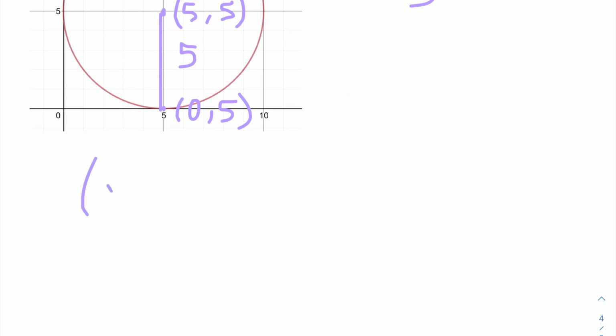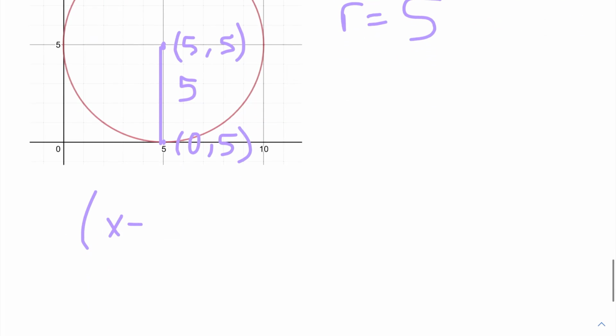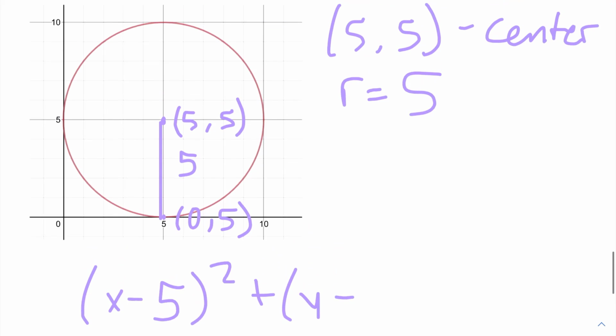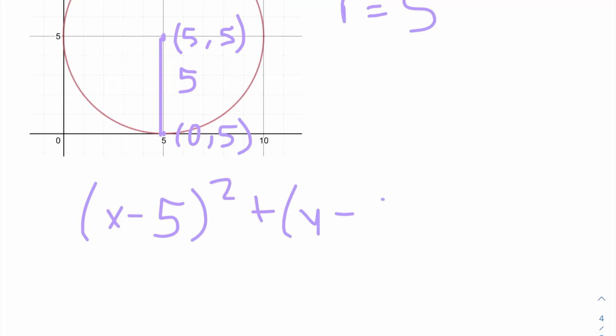Our equation is (x - h). And remember, h is the x-coordinate, and in this case the x-coordinate is 5. (x - 5)² plus (y - k), which is the y-coordinate, which in this case is 5. So (y - 5)² is equal to r², the radius squared, which in this case is 5², which is 25.